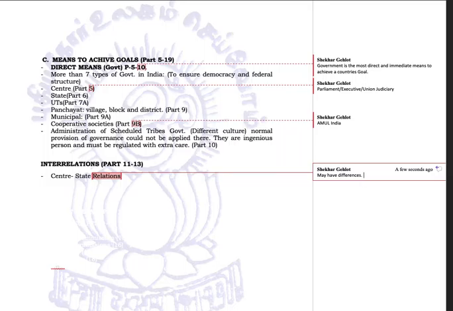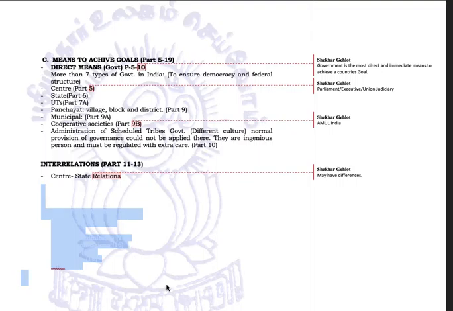So many times there may be a difference of opinion or friction between a center and a state. How to handle that friction, how to ease those differences, how to make the working between center and state smooth, like division of taxes, separation of tax collection, distribution of the collected tax between center and state, is dealt with in part 11 to 13 of the Constitution, usually called interrelations between center and state.